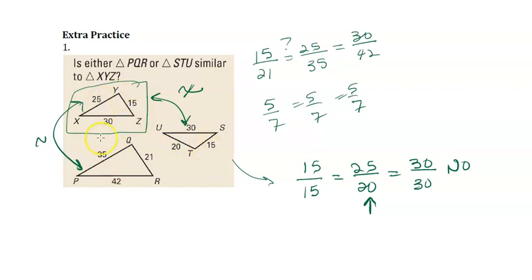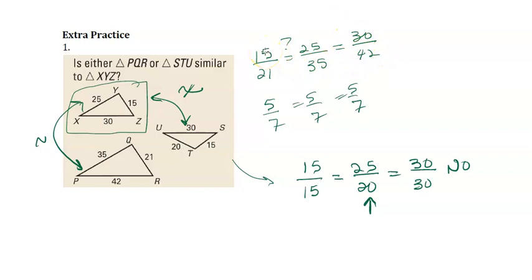So I did the first pairing here, and since I have all three numbers, I'm looking at side, side, side similarity, and I say smallest here is 15 over smallest here is 21, so I'm putting that over here. The next one in order is 25 over 35, and then the last two, which is the largest on the top triangle over the largest on the bottom triangle, is 30 over 42.